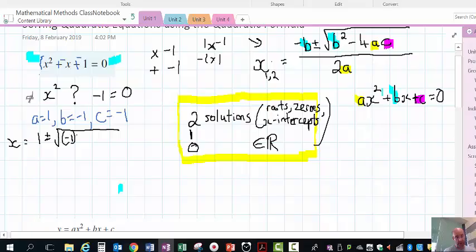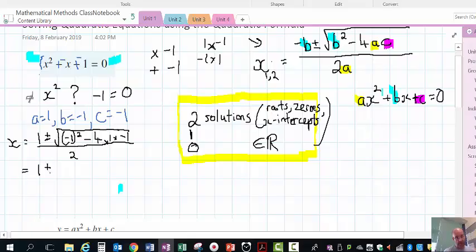So if in doubt, put it in brackets, minus 4 times a, which is 1, times c, which is negative 1. All of it is divided by 2a, which is 2 times 1, which is 2.